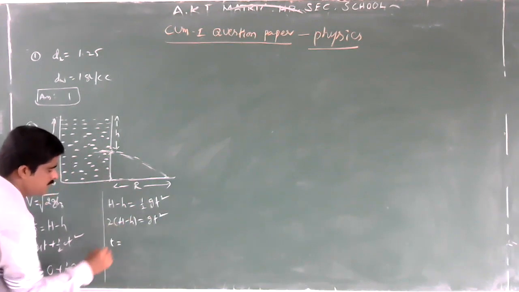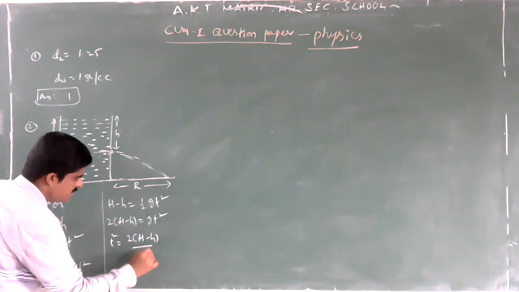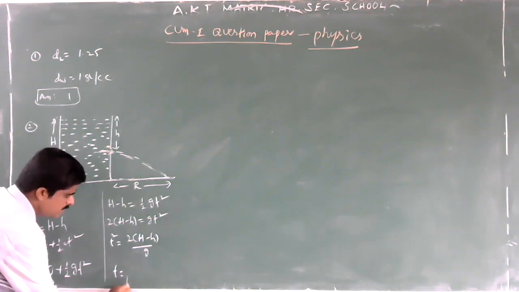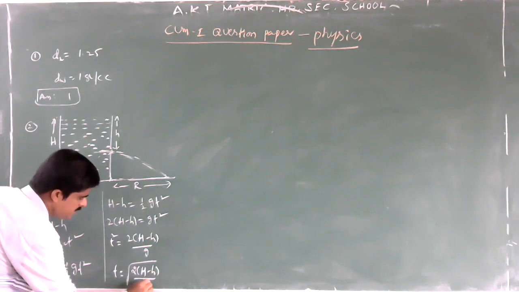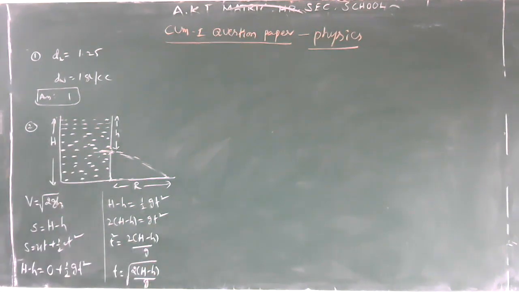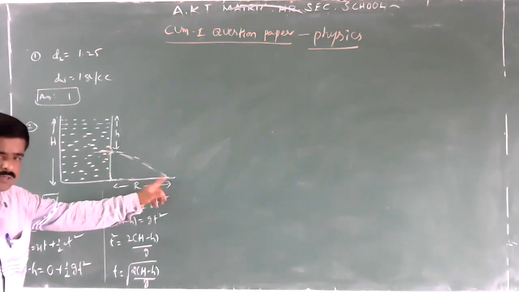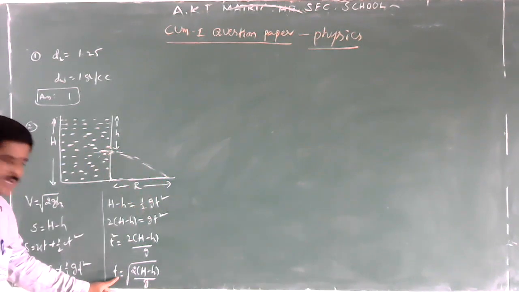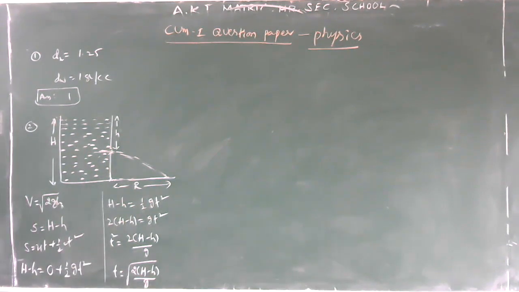So t square is equal to 2 into (H minus h) by g, or t is equal to square root of 2 into (H minus h) divided by g.